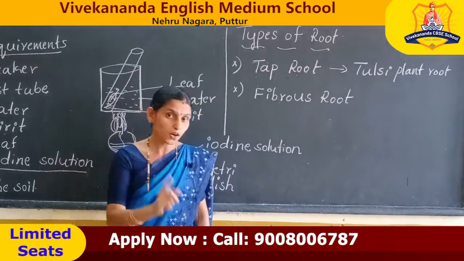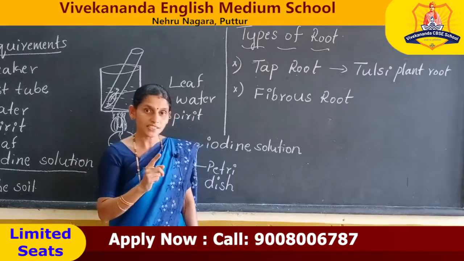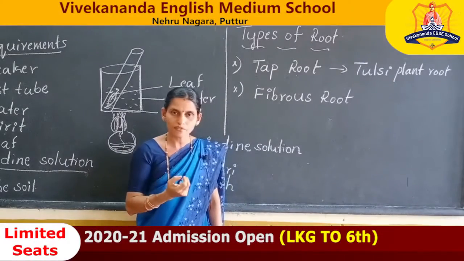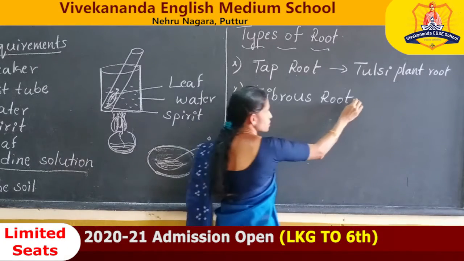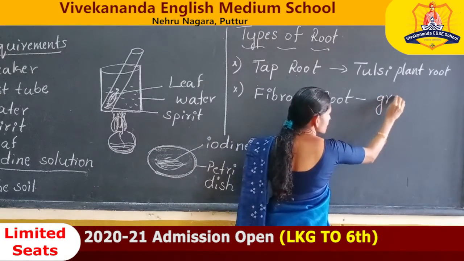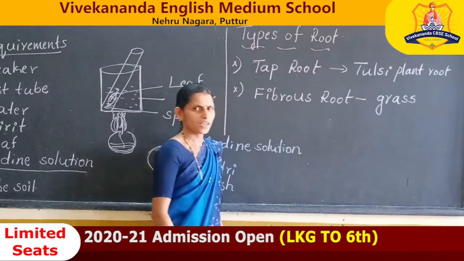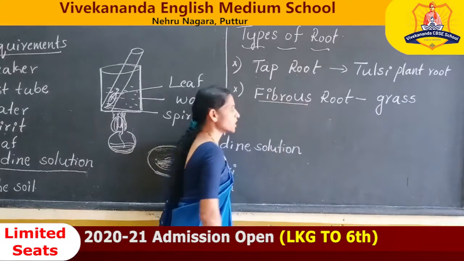Some plants do not have one main root. Instead, they have bunches or groups of roots which develop from the base of the plant. That is called fibrous root. Examples are grass, paddy plant, wheat, maize. We can give many examples that show fibrous root system.